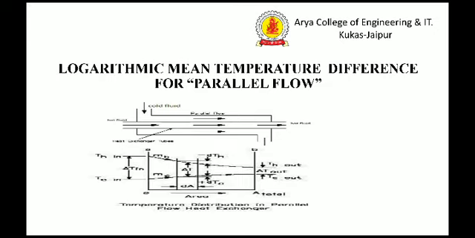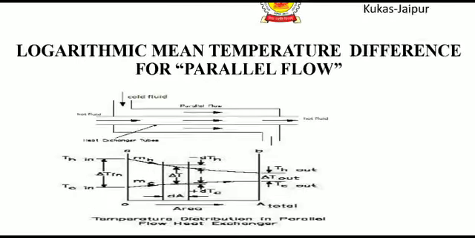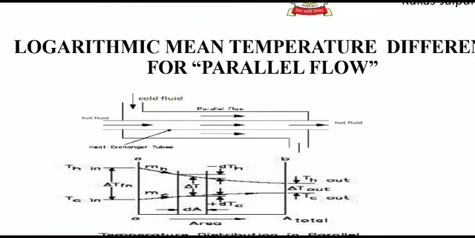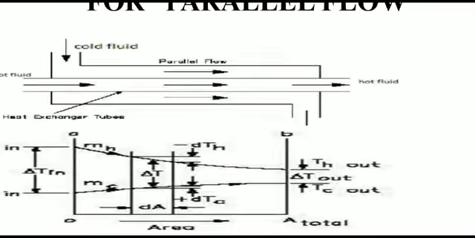Now, LMTD for a parallel flow. The diagrammatic arrangement shows the parallel flow arrangement for which we will calculate the LMTD. In parallel flow, the fluid, whether it is hot or cold, flows in the same direction, and the diagrammatic arrangement is shown. The mass of hot fluid is mh and cold fluid is mc.